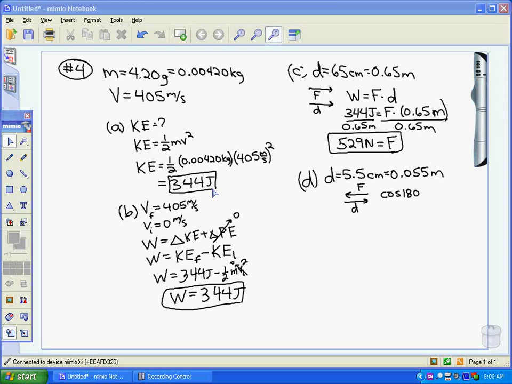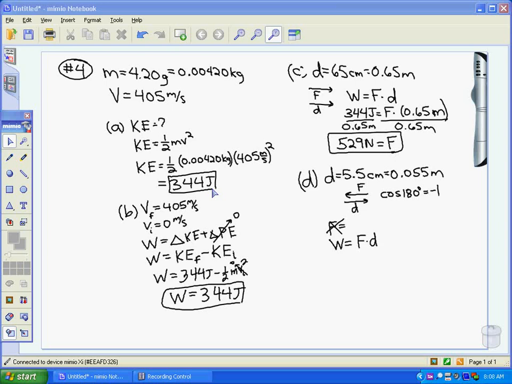All right? So we have that work is equal to force times distance times cosine of 180 degrees in this case.